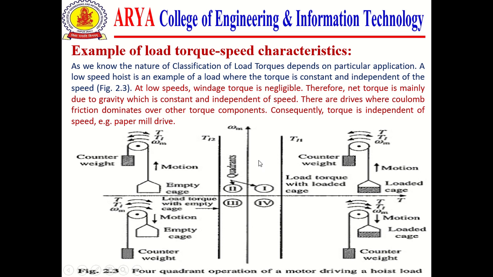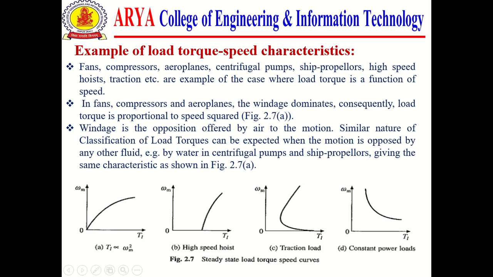In the first quadrant, torque is positive and speed is positive, so this is called forward motoring. This is forward braking, this is reverse motoring, and this is reverse regenerative braking. These are the most important examples of load torque.